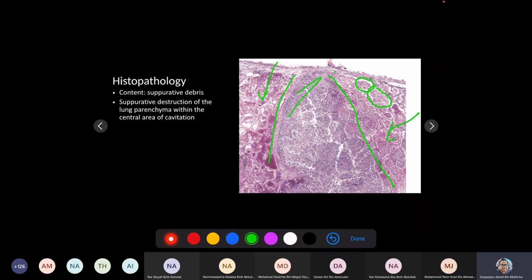But at the center here, there are no alveolar spaces left because of the suppuration that has been going on here. You cannot see any more alveolar spaces, just necrotic debris with a lot of neutrophils within it. So this is how a lung abscess looks under the microscope, the histopathological features.